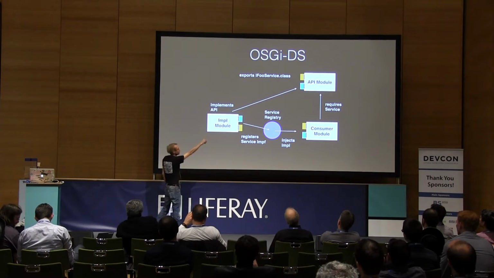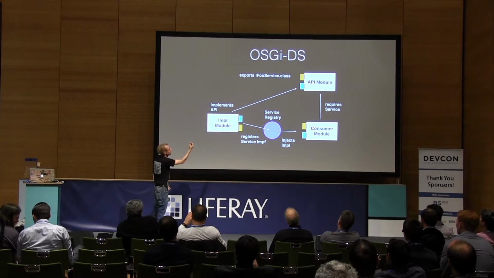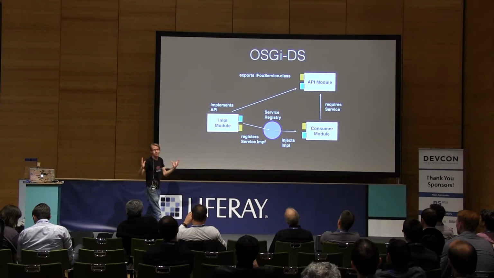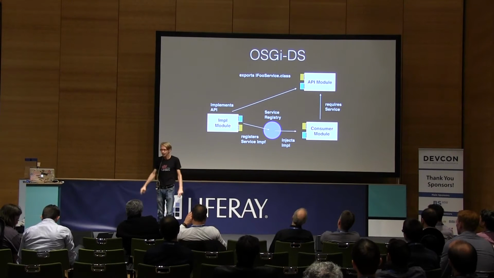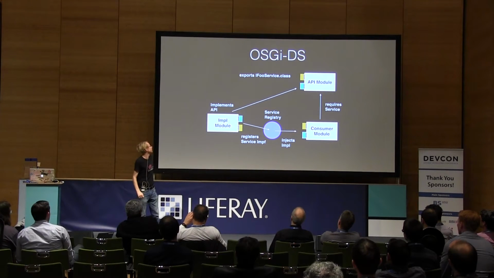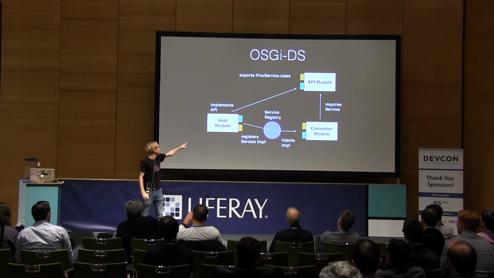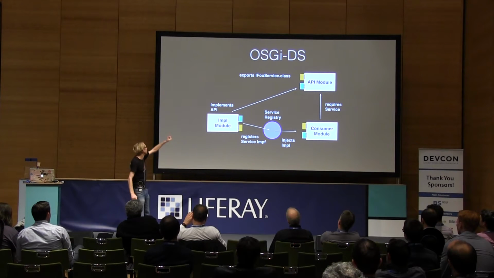And we have a consumer. The consumer also depends on the API module. And the consumer registers at the service registry and says, hey, OSGi, as soon as there pops up an IFooService, please inject it into me.